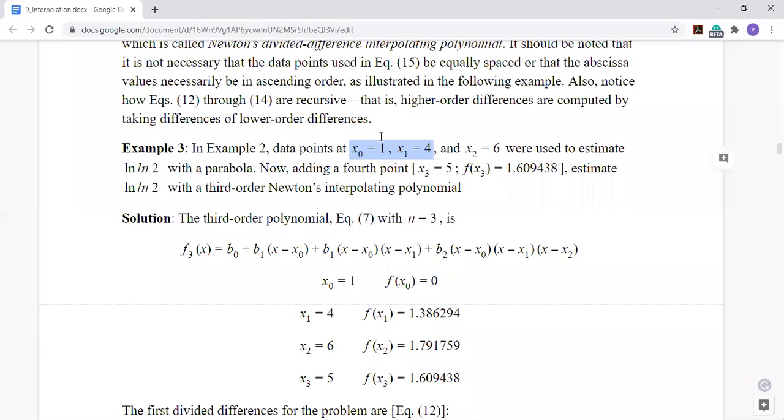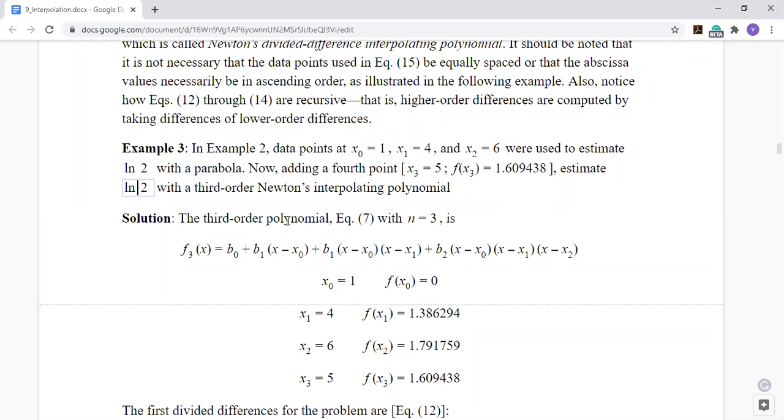We are given x0 equal to 1, x1 equal to 4, x2 equal to 6, x3 equal to 5. Then we are given the value of the function at each of these x values, and we want to calculate for x equal to 2.